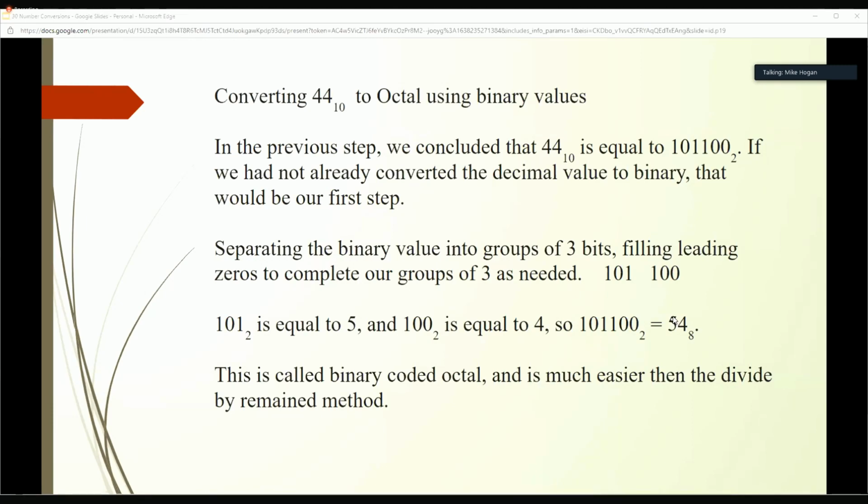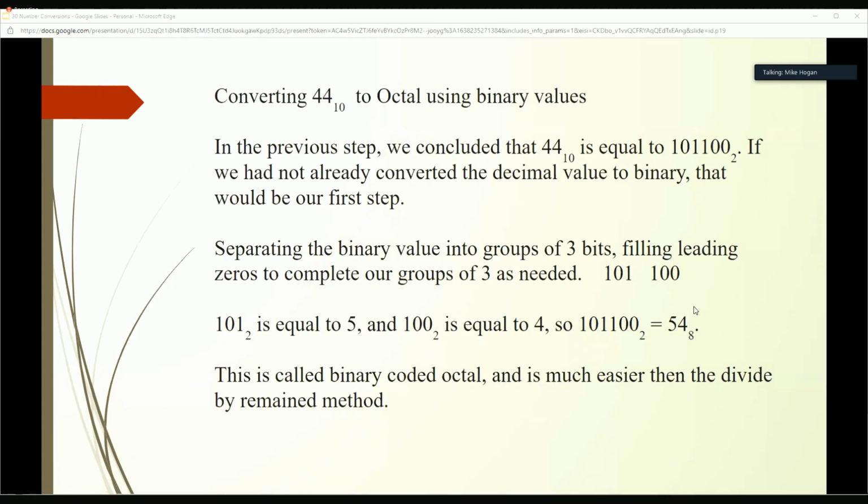And so this binary number, 101100, by splitting it into 3 bits and 3 bits, and then only treating those 3 bits as equal to a value in octal, I get 54 octal is equal to 101100.